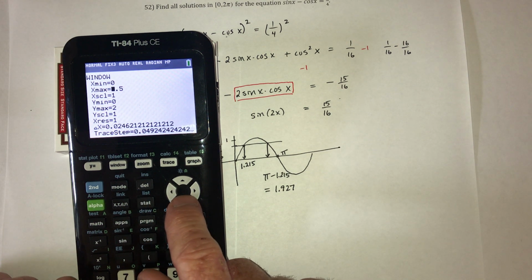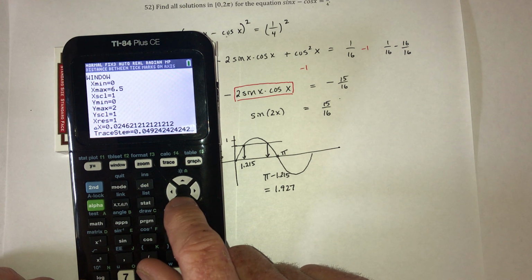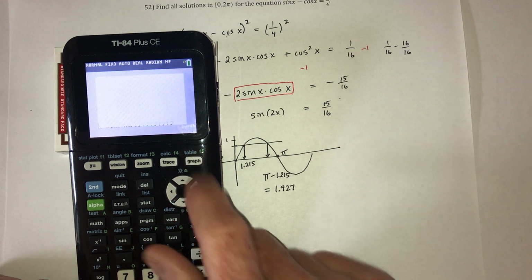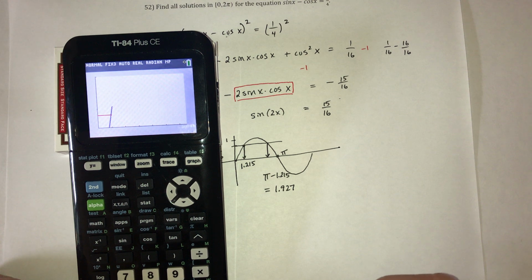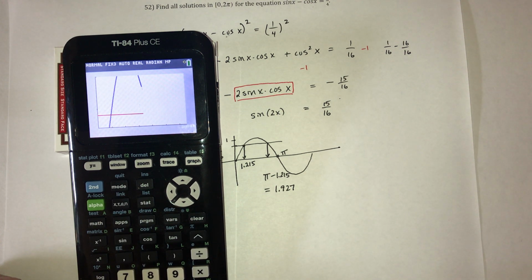So 6.5, that's approximately 2 pi, so that's good enough to be able to see it. And we need to be able to see where it's 1/4. So how about if it goes from 0 to 1? That should be good enough to see. And there's one solution. Second solution. Okay, so it looks like we're only looking for two solutions.